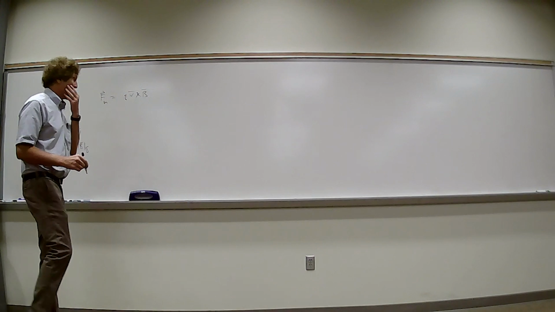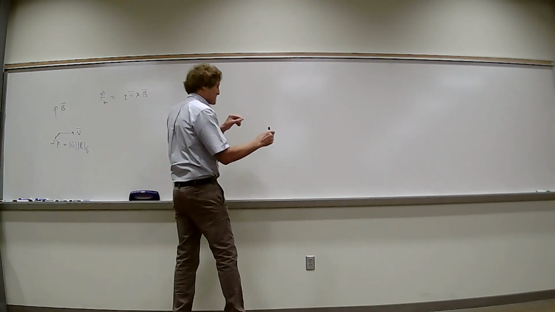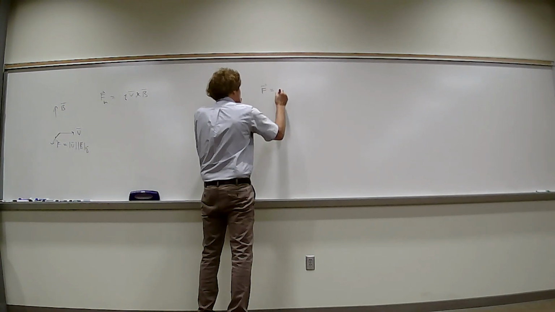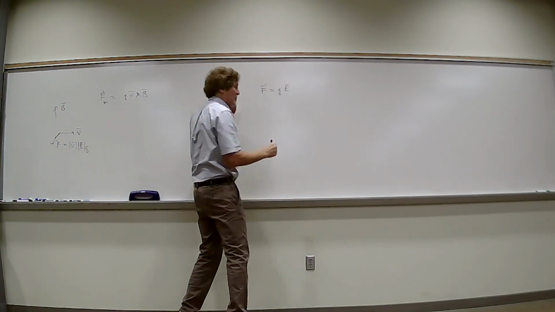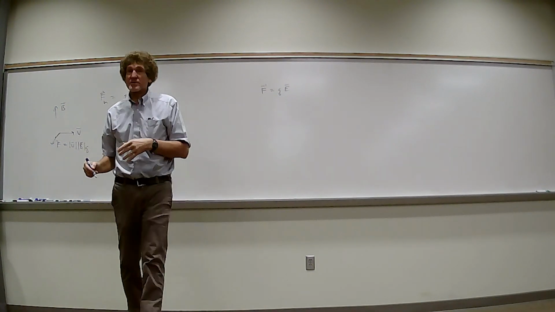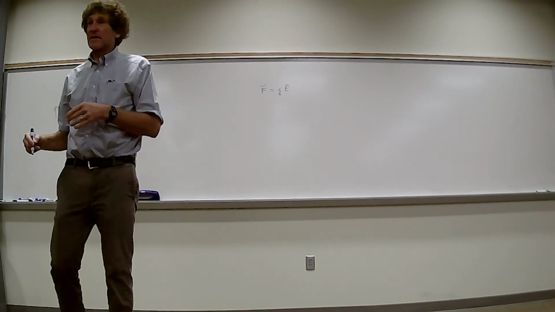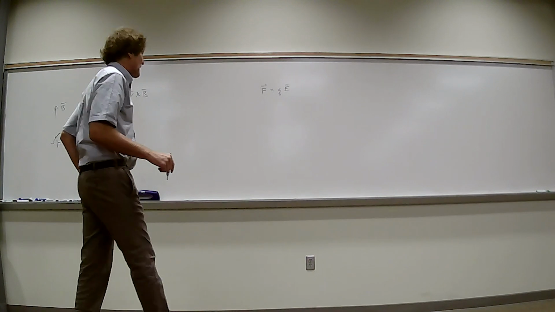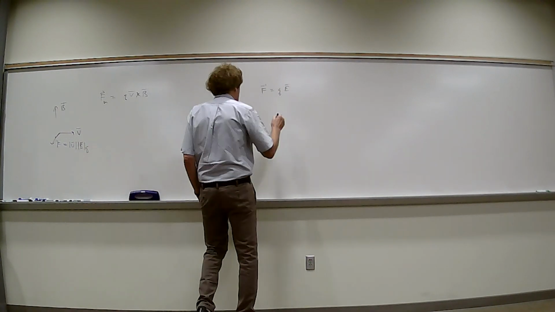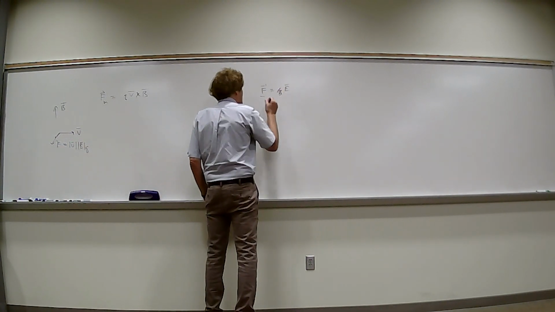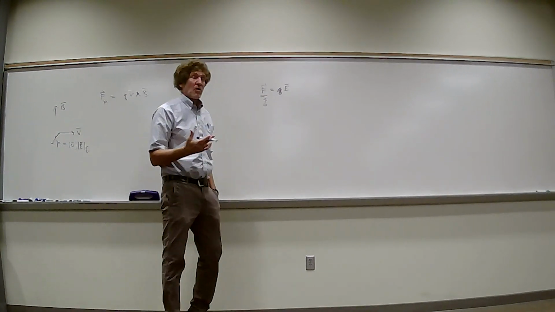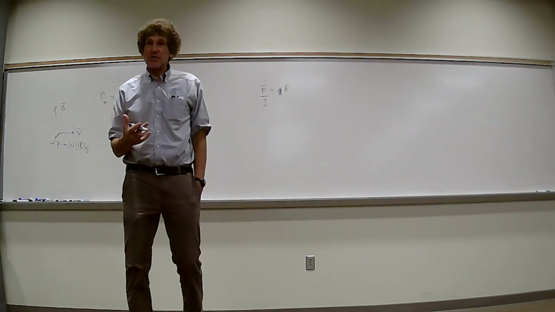Now, back in the day when you had electrostatics, the force was equal to the charge times the E field. Do you all remember that? When we did electrostatics in chapter 3, the electric field is defined from the force. If you take the force and divide it by Q, you get the E field, if it's caused by an electrostatic charge.